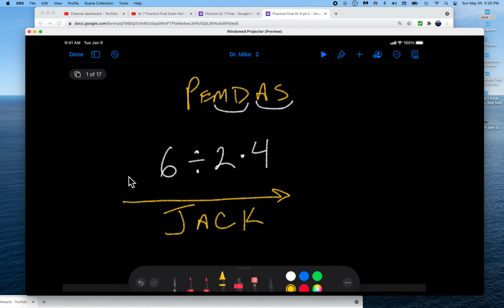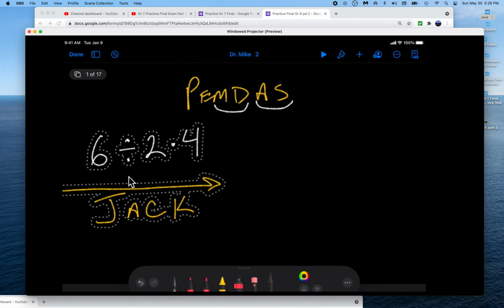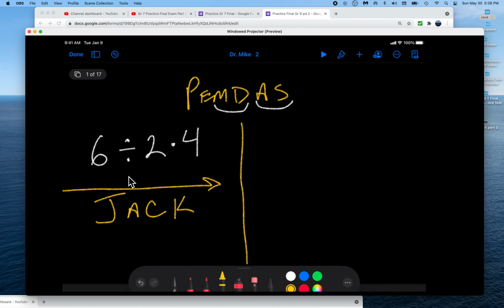Okay, similarly, if you had an expression where you have addition and subtraction, even though it looks like addition comes before subtraction in the word PEMDAS, that's not how it works. These have the same priority.